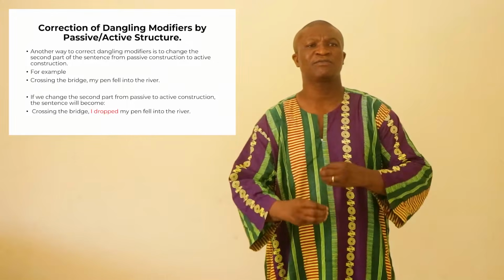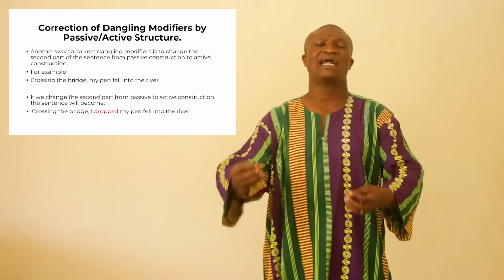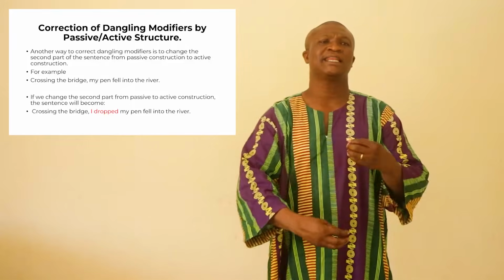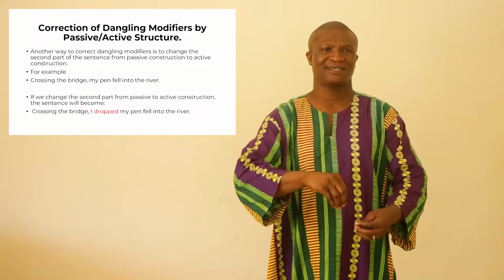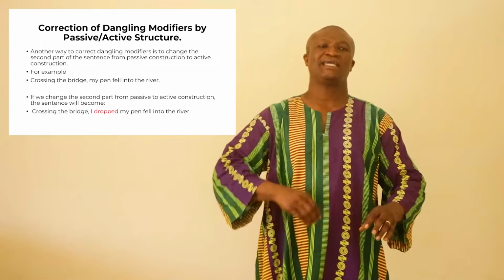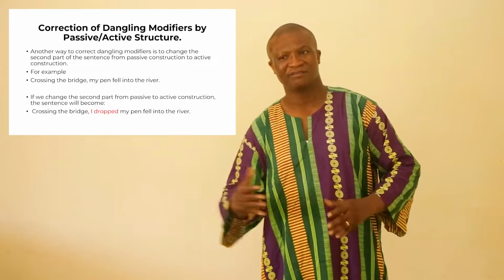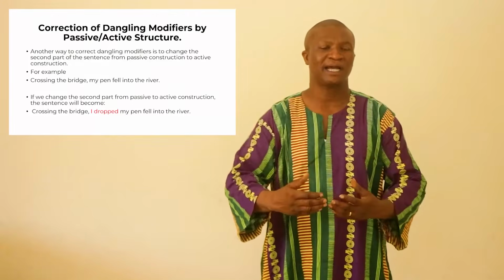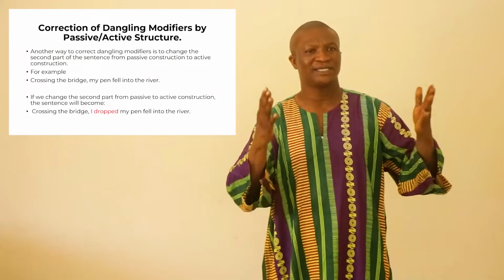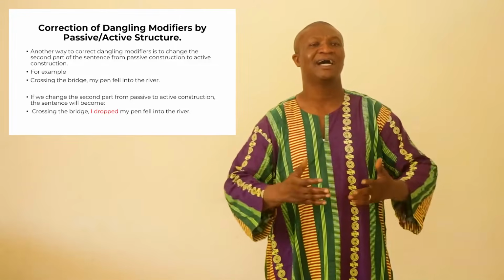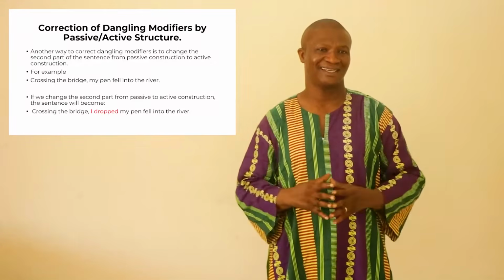We are going to change it into an active construction. And once we change it into an active construction, then we will bring out the subject. So it becomes crossing the bridge, I dropped my pen into the river. So this change has helped us to introduce the subject. The sentence is now well formed. It is now correct. The dangling modification has been corrected to a well formed sentence. You see? Thank you for listening.